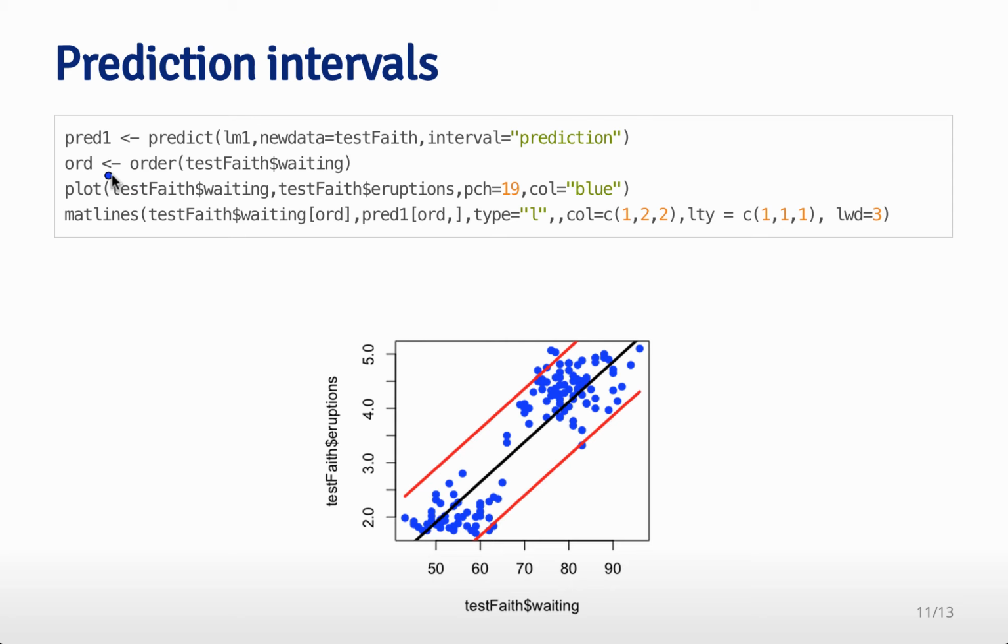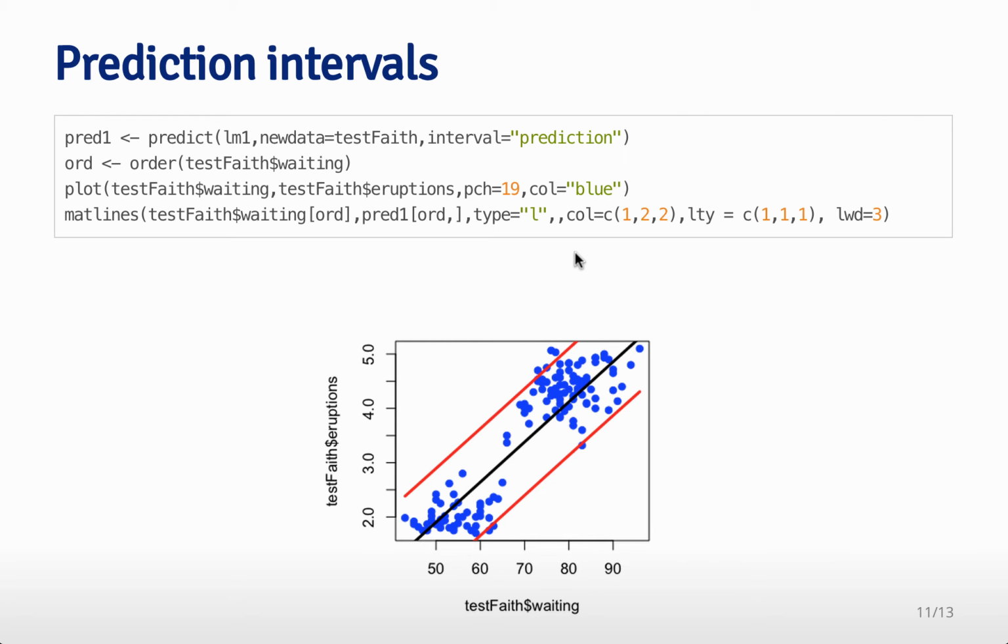And then if I order the values for the test data set and plot the test waiting times versus eruption times, I can also add lines that show not only my predictions, that's what I've got here in this black line that shows the predicted values, but I can also show an interval that captures a certain percent, the region where we expect the predicted values to land.